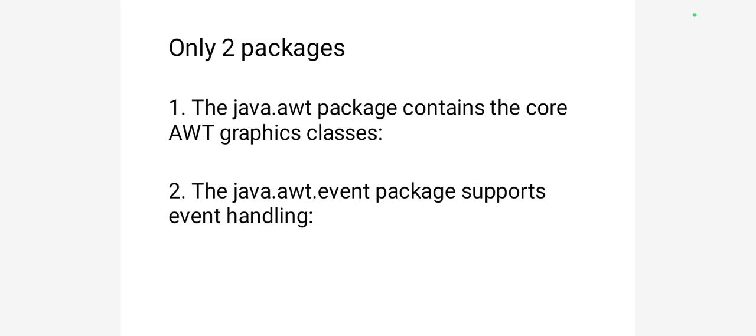Already we discussed GUI component classes such as buttons, text fields, and labels; GUI container classes such as frame and panel; and layout managers such as flow layout, border layout, and grid layout. We can see here different layout techniques.